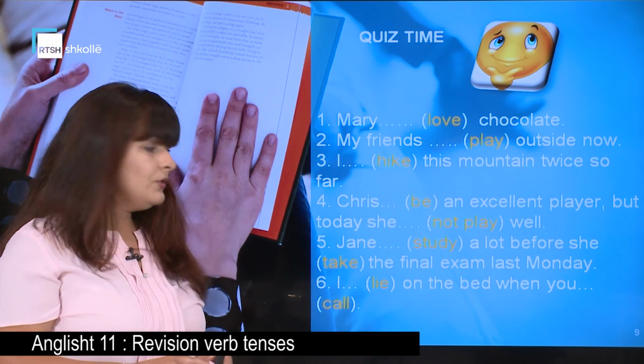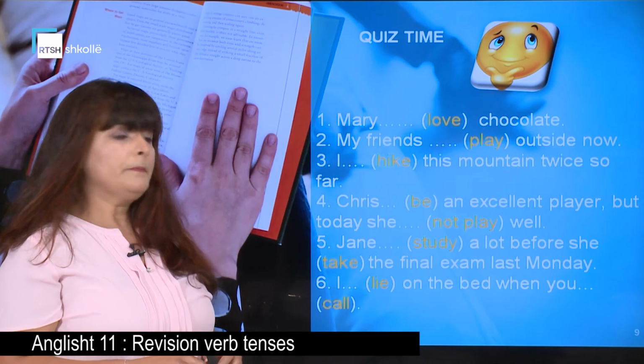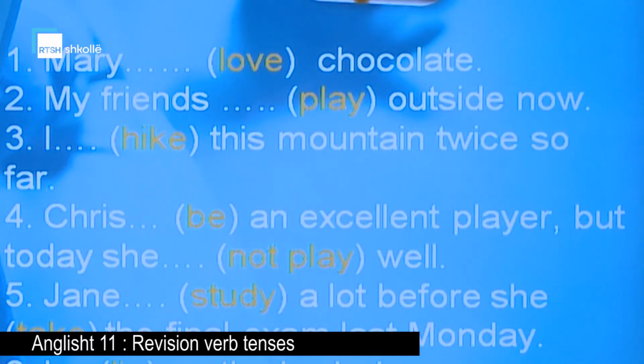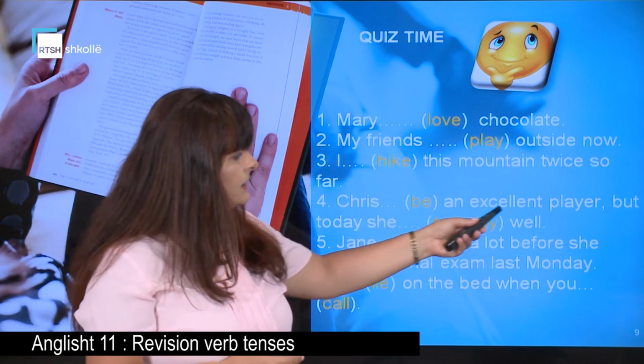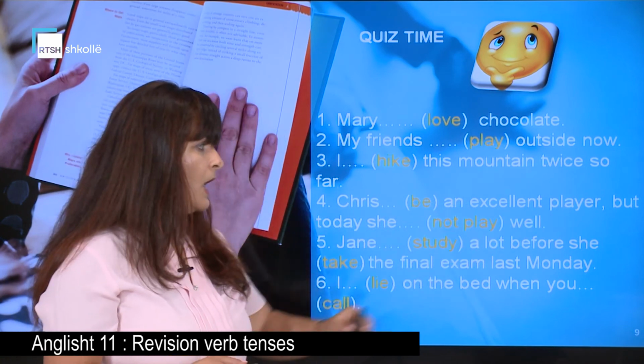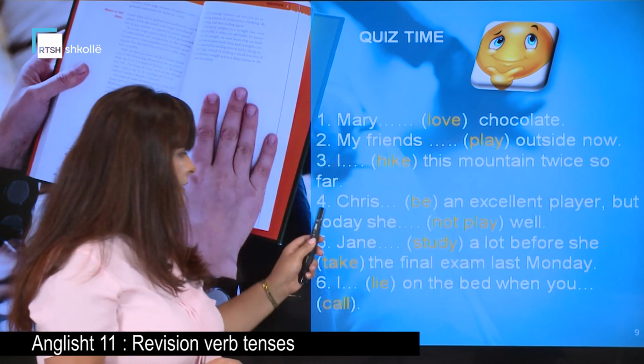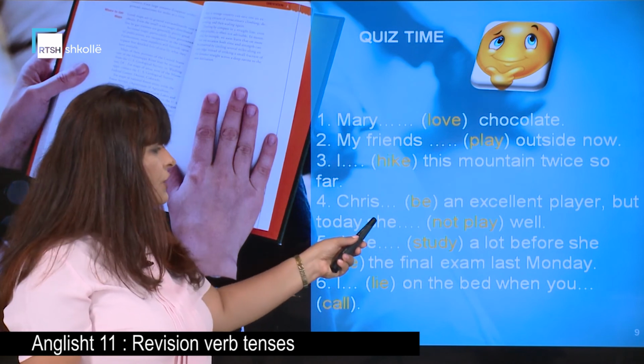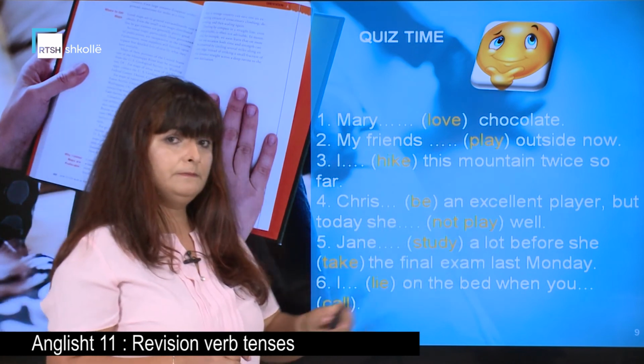Let's go to the fourth one. Chris, be, is, am, one of the forms of the verb to be, an excellent player, but today she not play well.